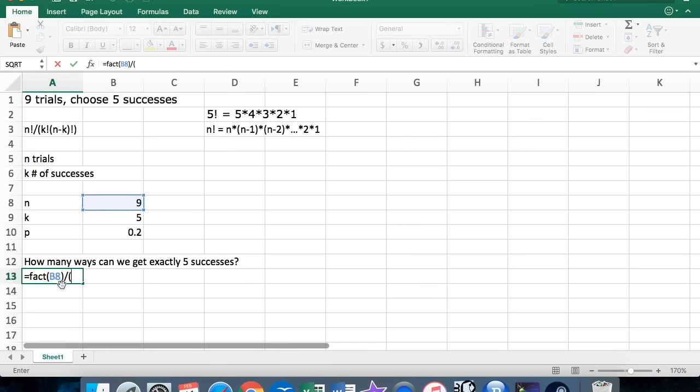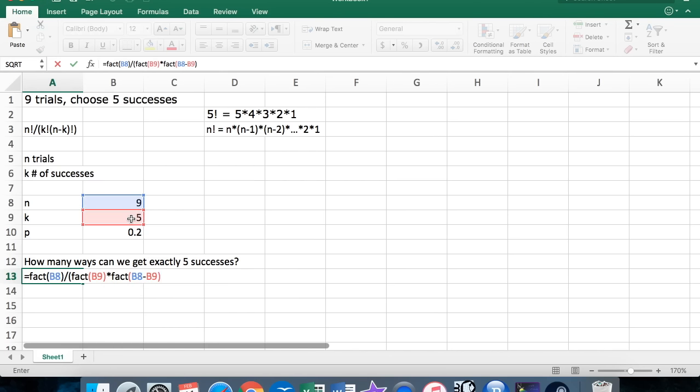So FACT here, and then we have another FACT, because it's k factorial. So FACT of k, close this. Then times FACT again, because we want the factorial of n minus k, their difference. So click on n minus your k.